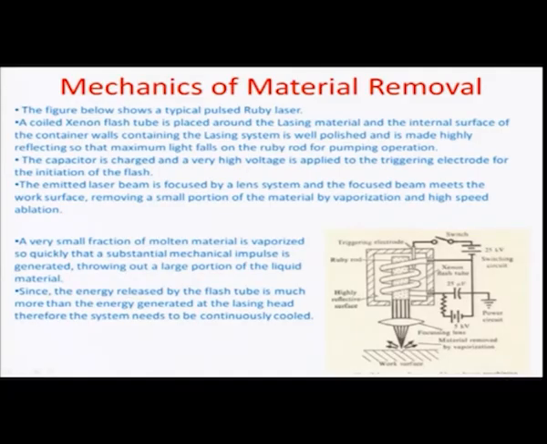This figure right here shows typically a pulsed ruby laser. As you can see, there is a ruby rod which is the lasing medium in this particular setup, and there is a coiled xenon flash tube coiling the ruby medium.